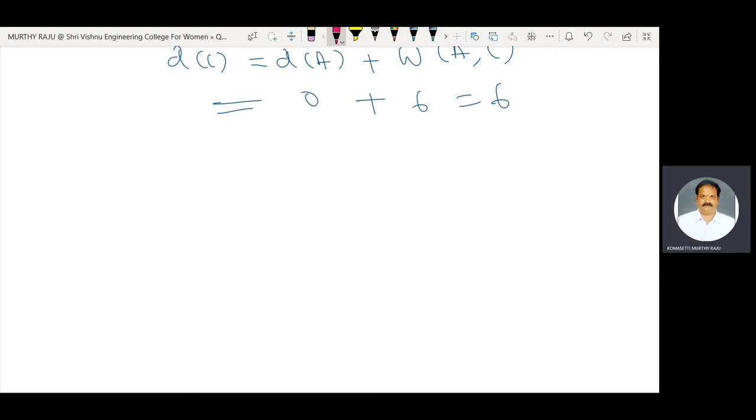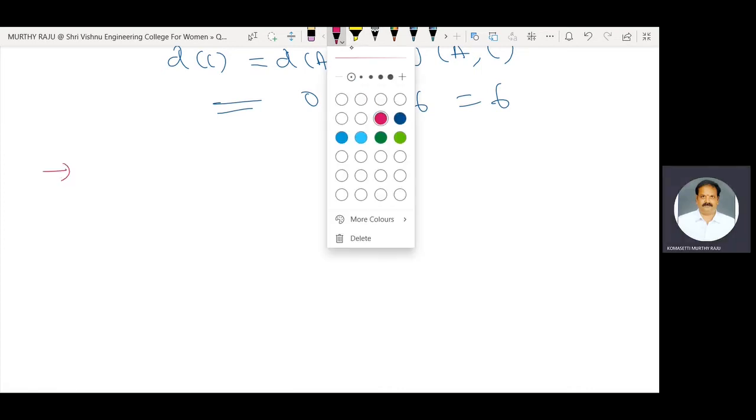Next important point here is Dijkstra's algorithm is a single source shortest path algorithm.